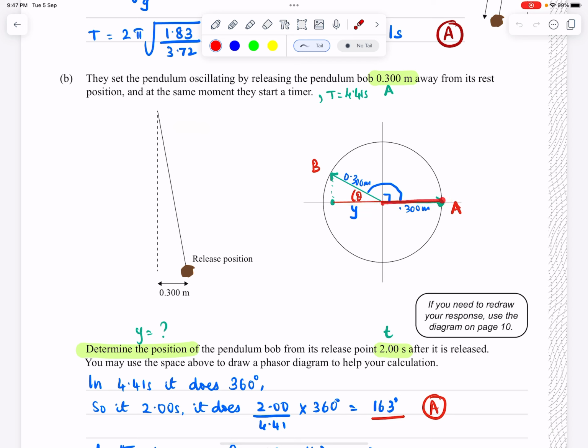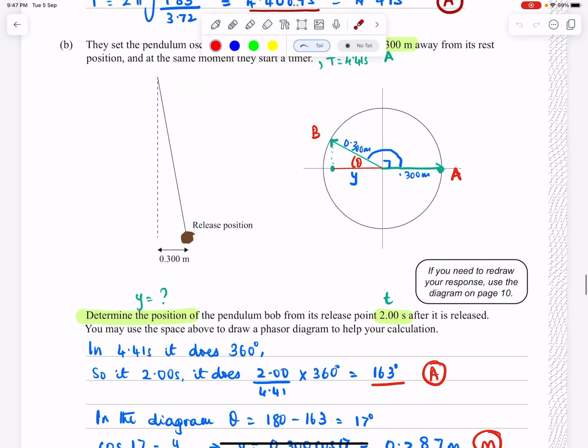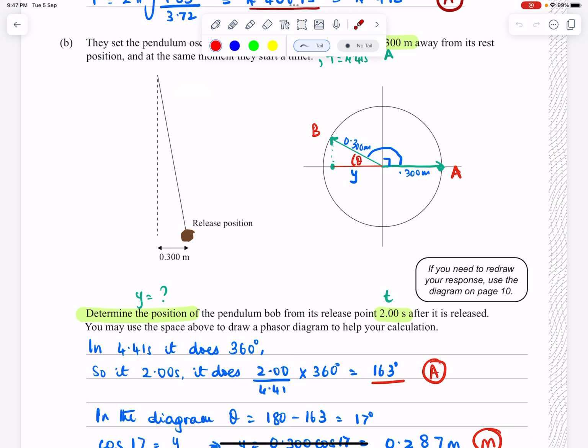So drawing the phasor started from A, and this is where it went. So that's the whole angle it does. Now you can do this using radians or degrees, but stick to one. So what I've done is using degrees. This is one method. In 4.41 seconds, it does 360 degrees. Why? Because that's a period and that's the time it takes to do a whole circle.